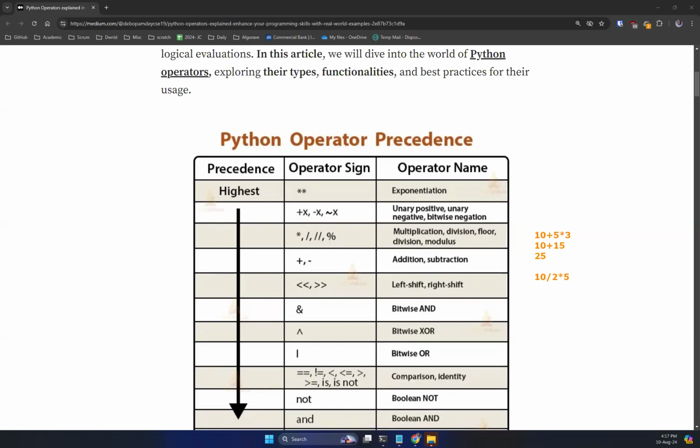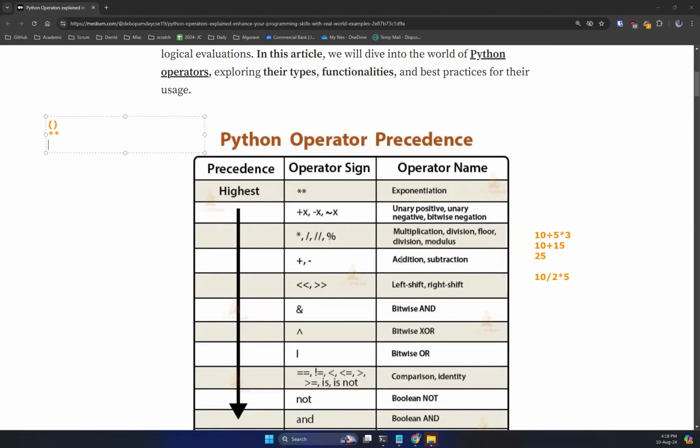Multiplication, division here, and at the very top we have the brackets. The brackets happen first. Then we have the exponent.